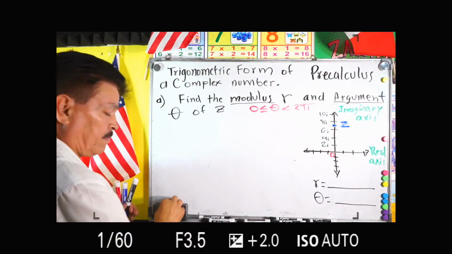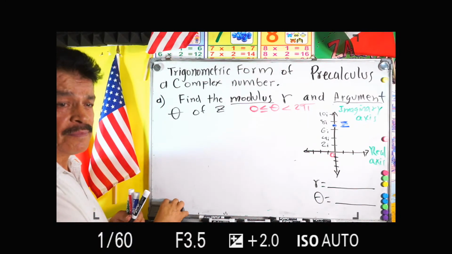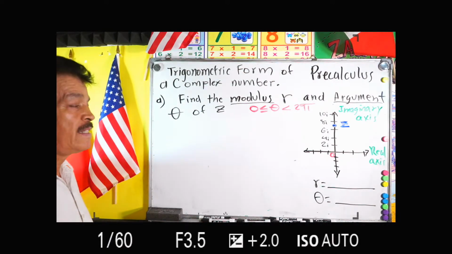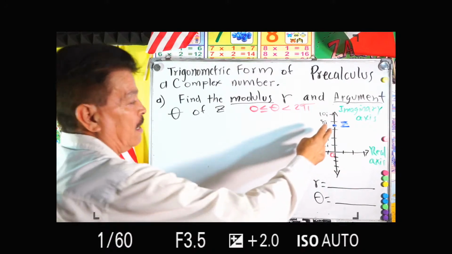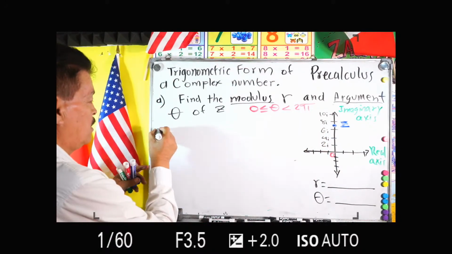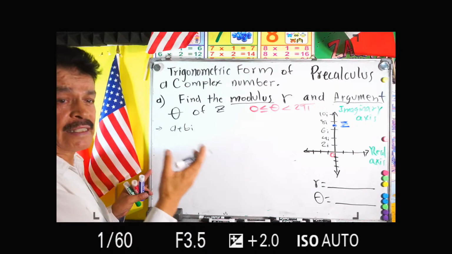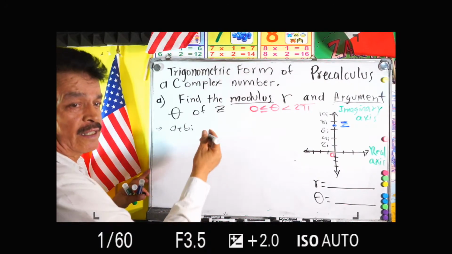Now let's go to the point a plus bi. It has rectangular coordinates.